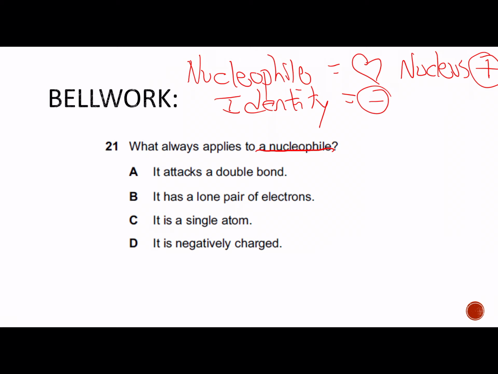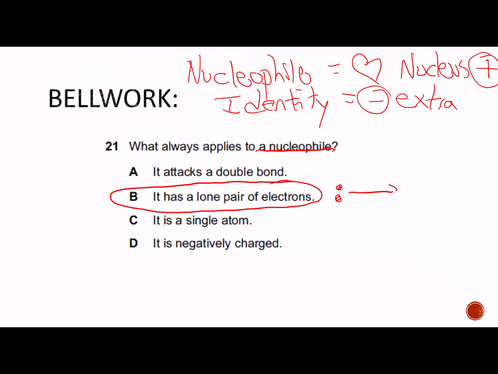And that doesn't necessarily mean it has to have a negative charge. Extra electrons means that it could have a negative charge, but it definitely has a lone pair of electrons, because the idea is that pair of electrons will reach out to grab an electrophile.